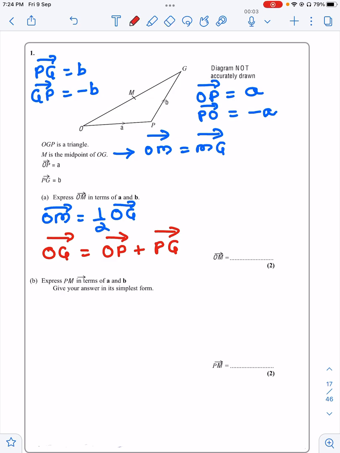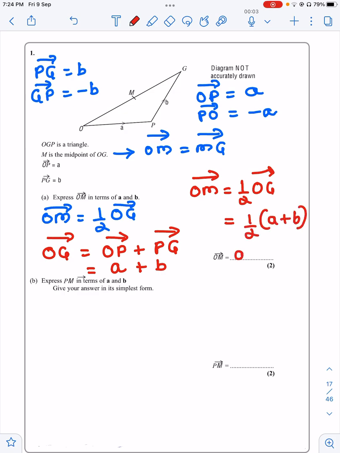So if you look here, OP is given to me as A and PG is given to me as B. So I have got the value of OG as A plus B. But OM is half of OG. Therefore, OM is equal to half A plus B, or I write the value A plus B upon 2. This is how I found out the value of OG.